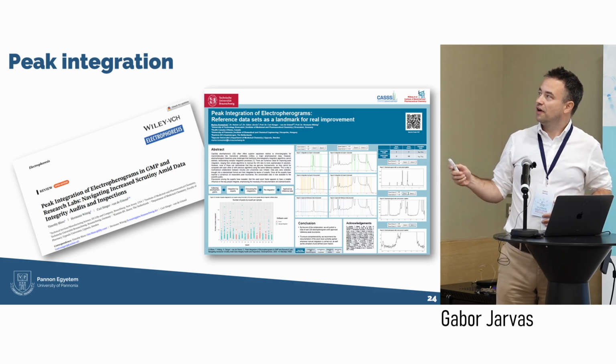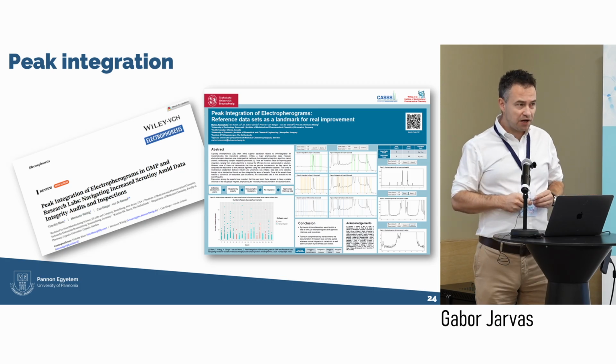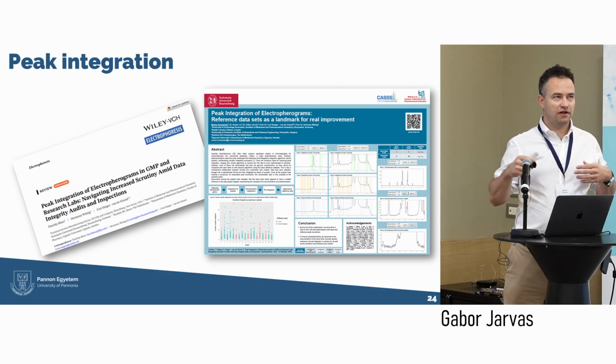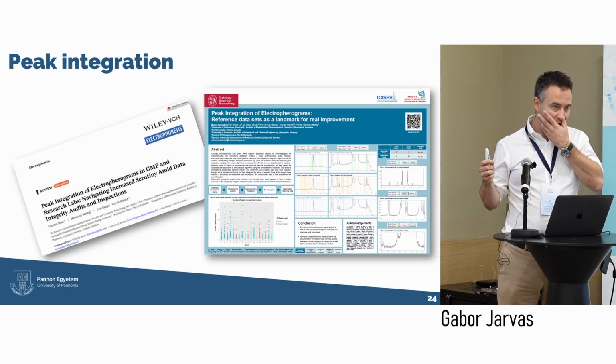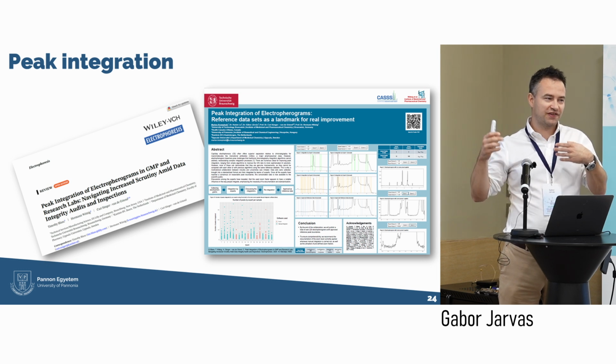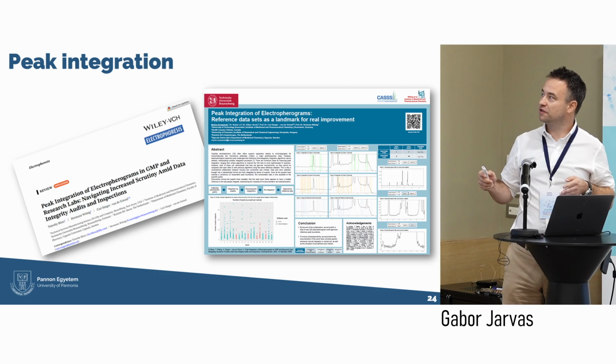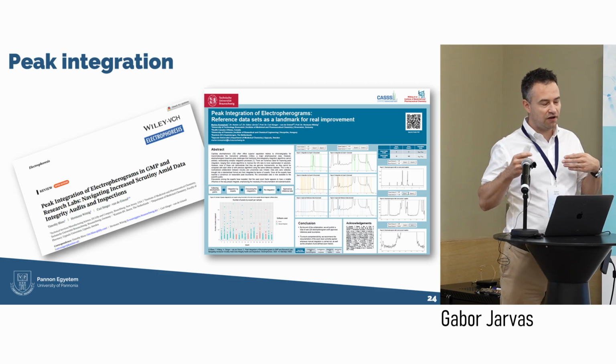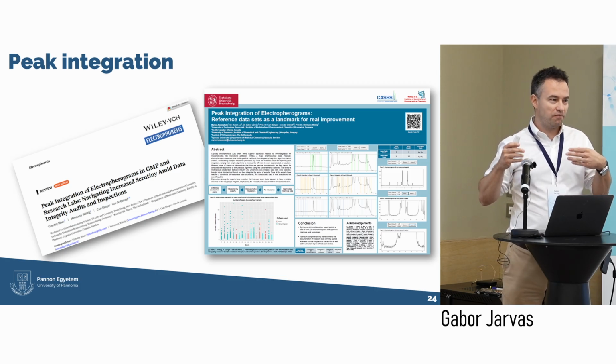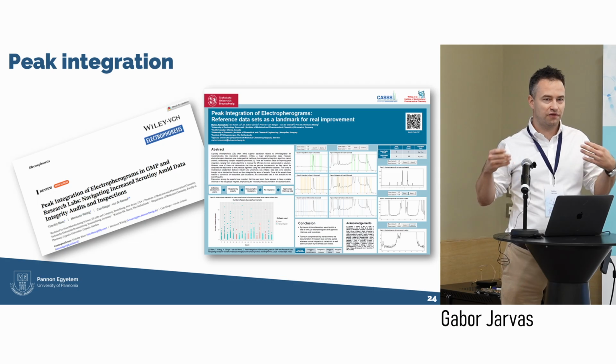And also, there was a preliminary study. This team put together a kind of benchmark set of electropherograms and sent it over to independent experts, and asked them, please do the peak integration based on your expertise, based on your routine as well.